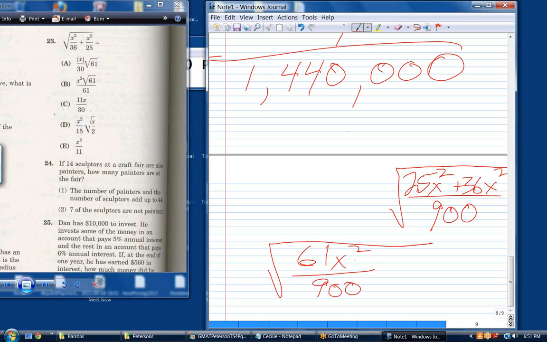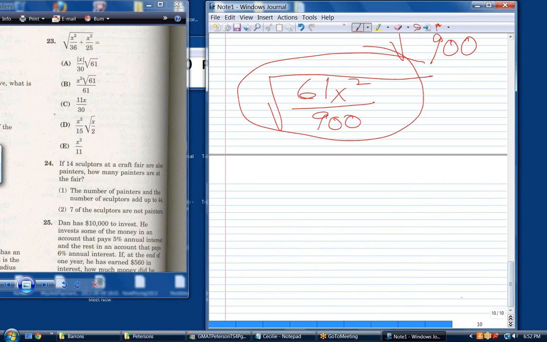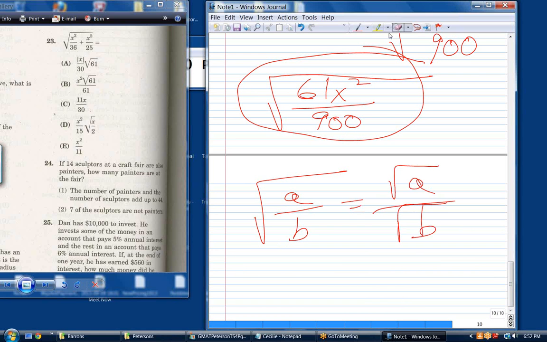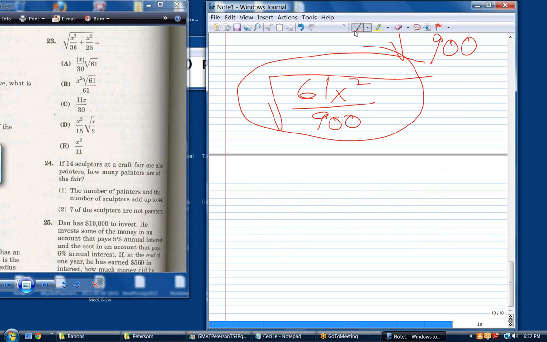So how do I simplify that? You take the square root. Well, we know that the square root of a over b is equal to the square root of a over the square root of b, right? Okay, so let's use that principle.